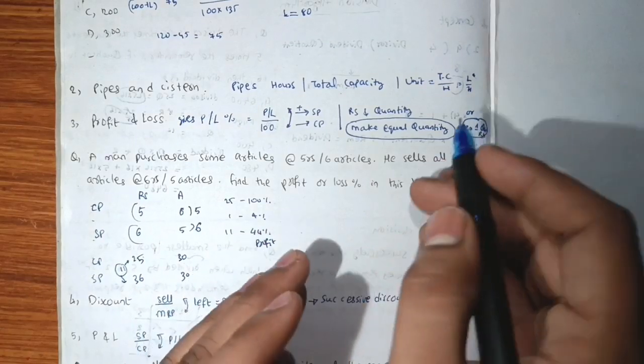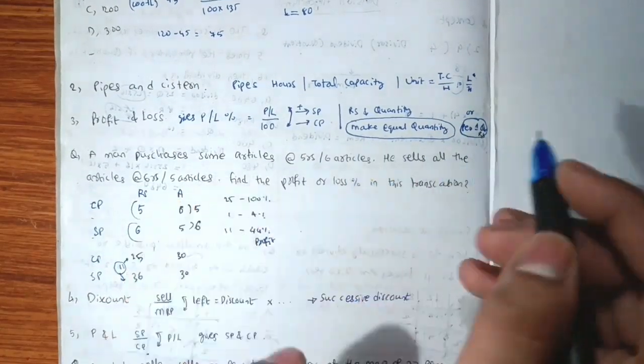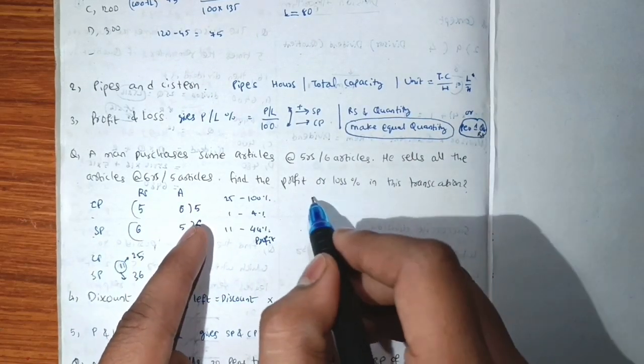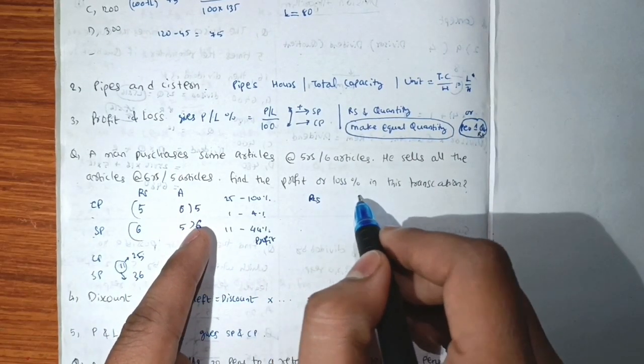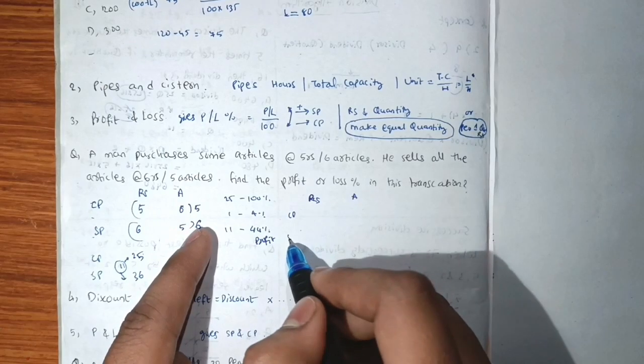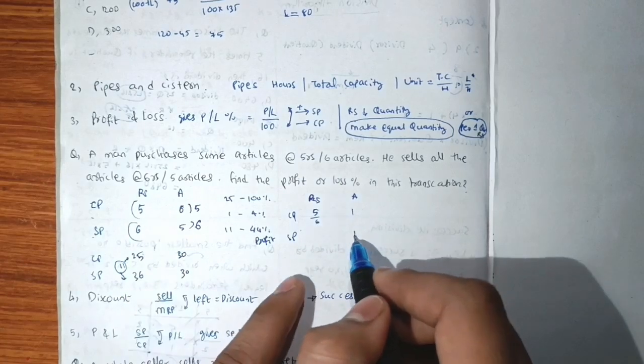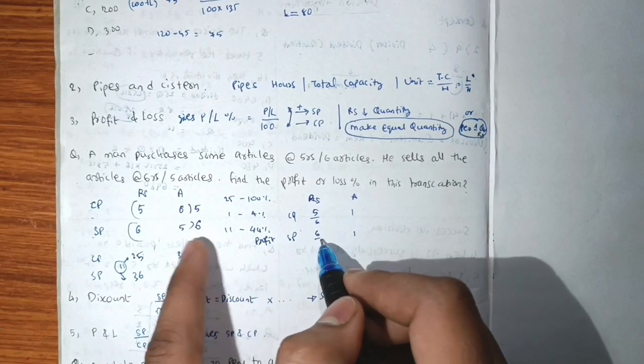Or you can solve it like this: you need to calculate for one article how much the cost is going to be. For one article, here I am taking rupees and here I am taking articles, the CP and SP. For one article the cost price will be 5 by 6, and for one article the selling price will be 6 by 5.